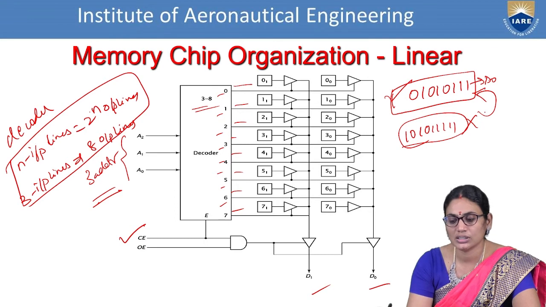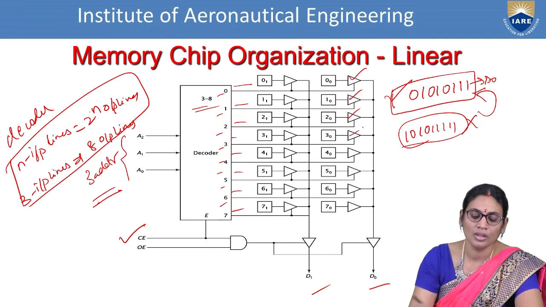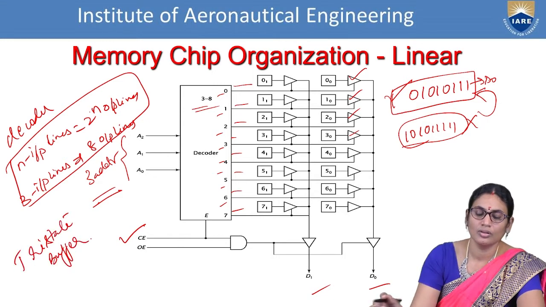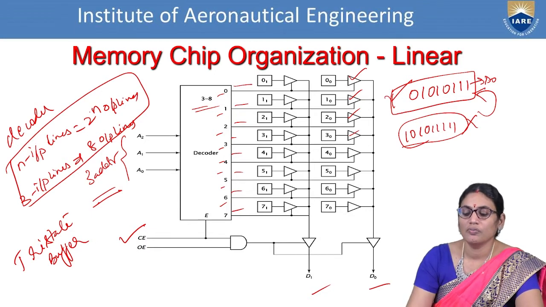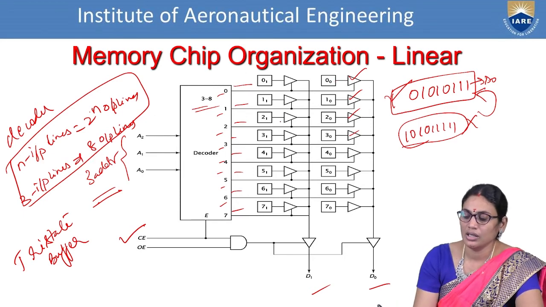To do this, we will be using a special interface called a buffer, and we call this a tri-state buffer. Once the data is available in the pins, for example, here I am enabling D0. Initially, the data is something like 1, 0, 1, 0.